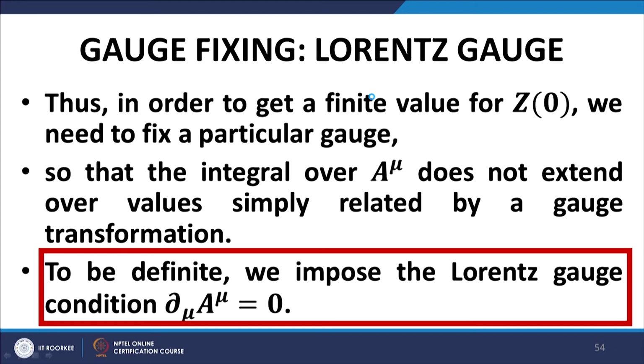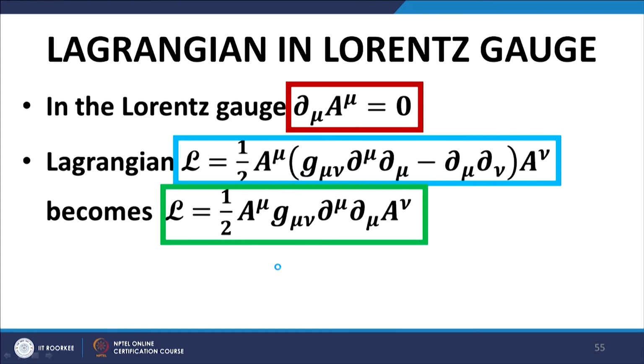So, we impose the Lorentz condition given in the red box here, and when we impose this Lorentz gauge condition, the second term in the Lagrangian vanishes, and we can write the Lagrangian in the form given in the green box here.